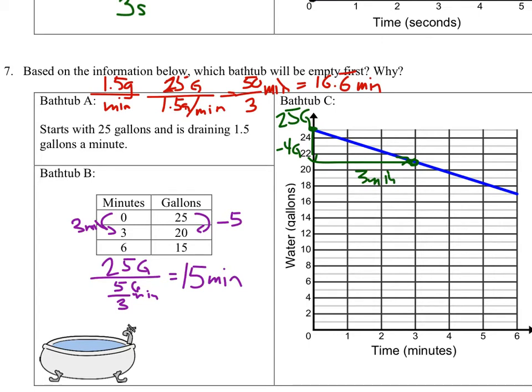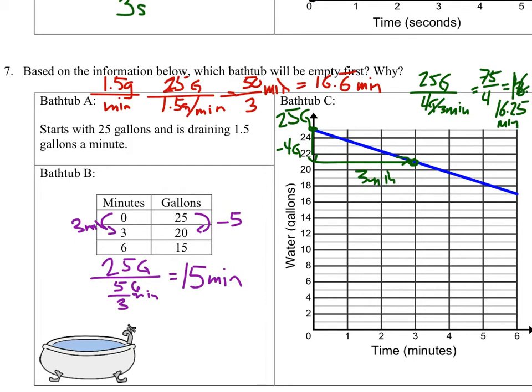So we'll take the 25 gallons and divide it by 4 gallons every 3 minutes. And this one would be, well, I guess 75 fourths minutes, which changes into 18.75 minutes.